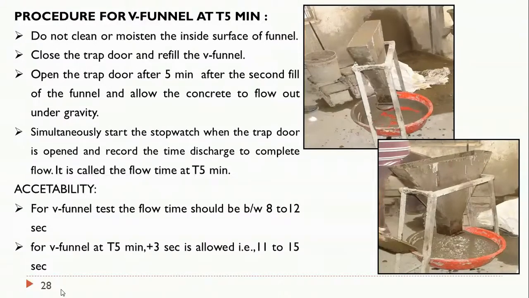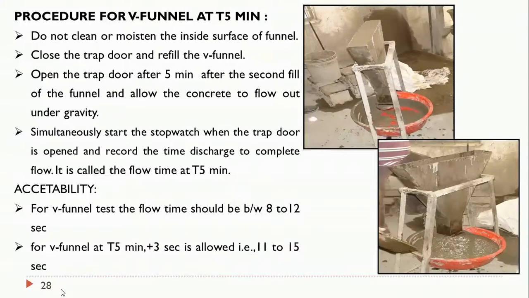What is the time taken by the concrete to completely discharge from the V funnel? Once the concrete is allowed to settle for 5 minutes, we start the stopwatch when the trap door is opened, and record the time taken by the concrete to complete discharge of its flow.